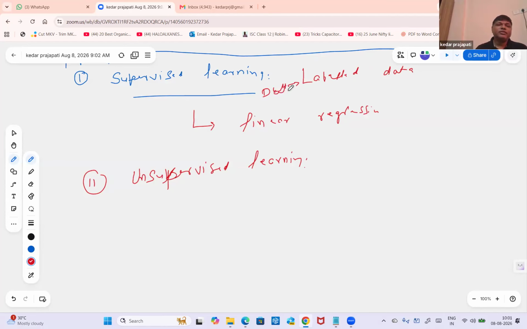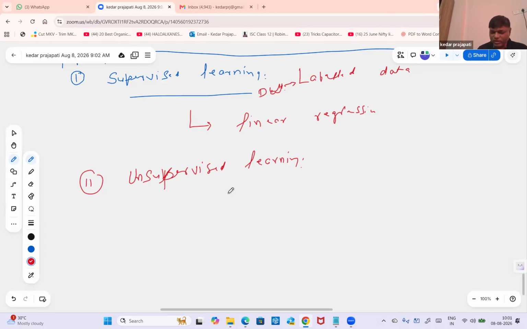There is a possibility that data will not have a name. So in unsupervised learning the data will be unlabeled.